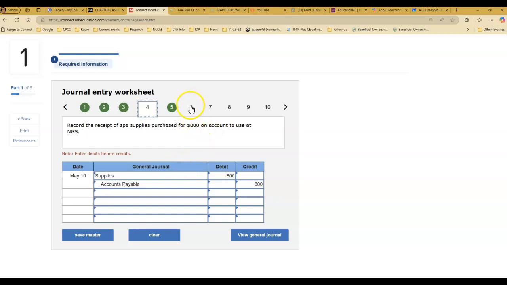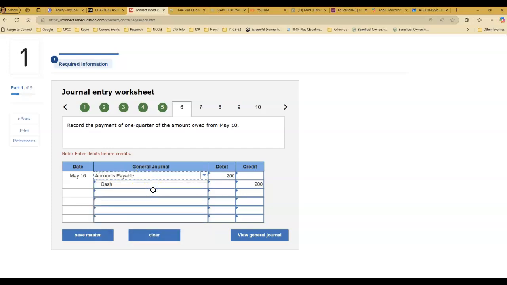So 800 divided by 4. Okay, so 200 is the amount of the journal entry. Okay, we recorded a payment, so cash is going down with a credit, and good.